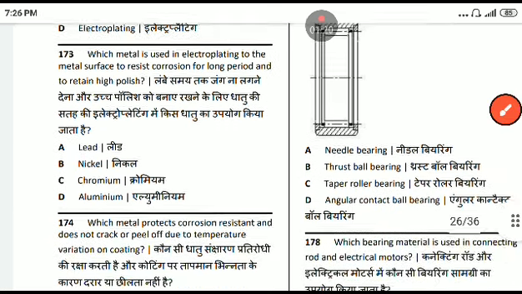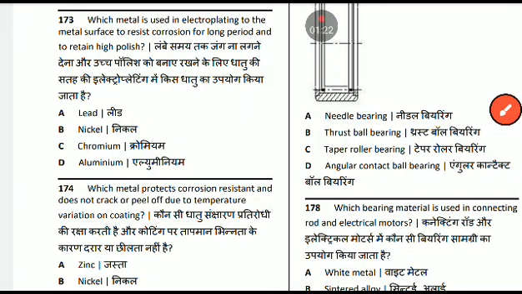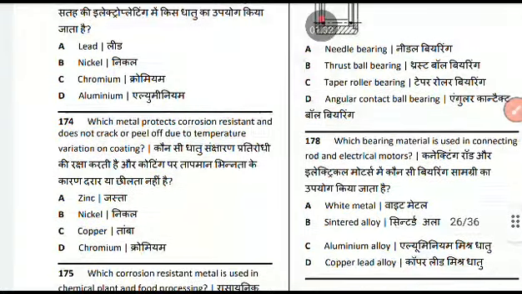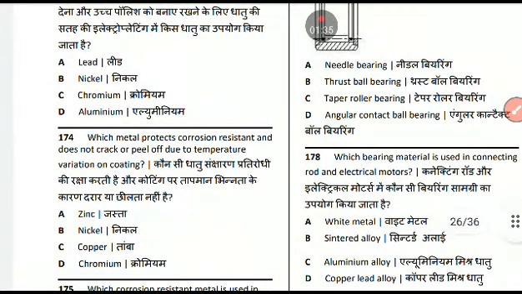Which metal protects corrosion resistant and does not crack or peel off due to temperature? Zinc, nickel, copper and chromium.